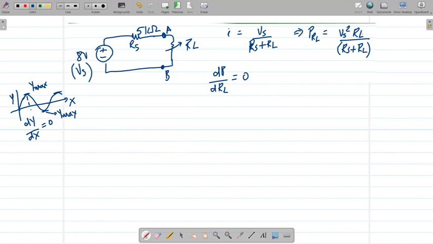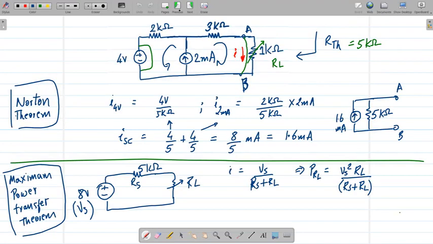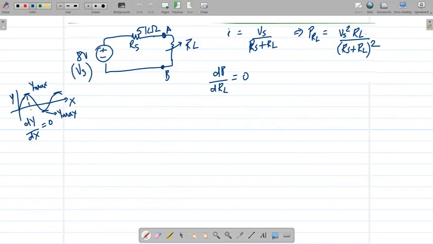On the other hand, if I put RL as infinite, in that case the power delivered, so if RL tends to infinite, then the RS will be neglected and the RL will cancel out. So essentially there is no power that is delivered to the load resistance. So this should have actually been a square over here because it's V square, I square into R. So now if RL tends to infinity, then RS is neglected.